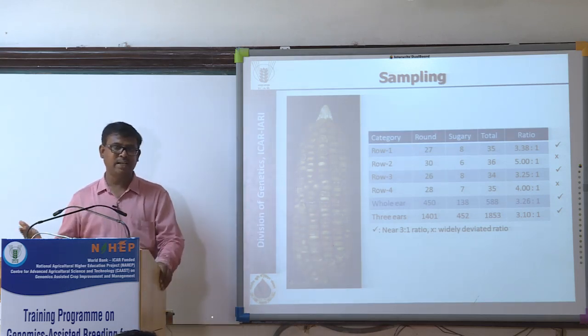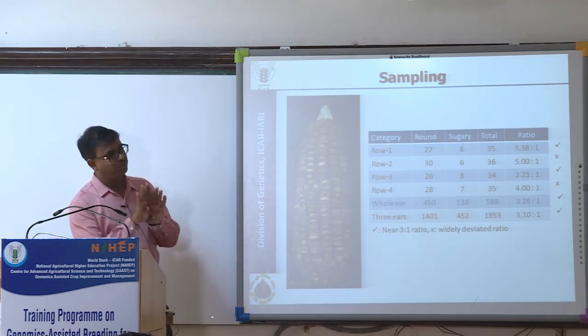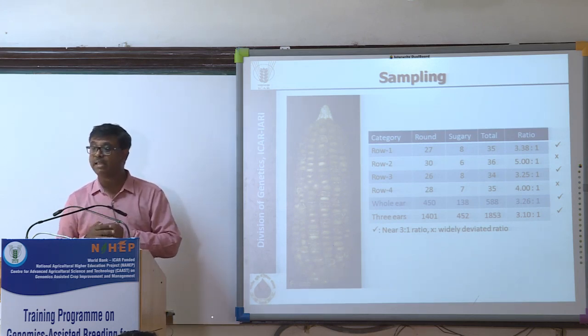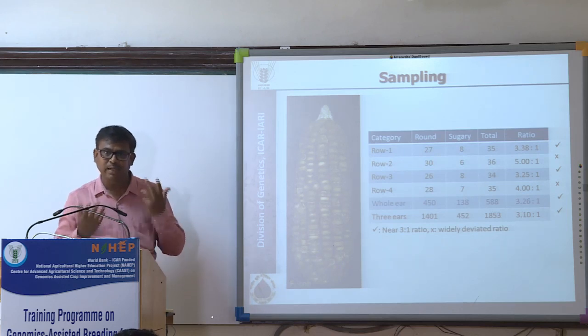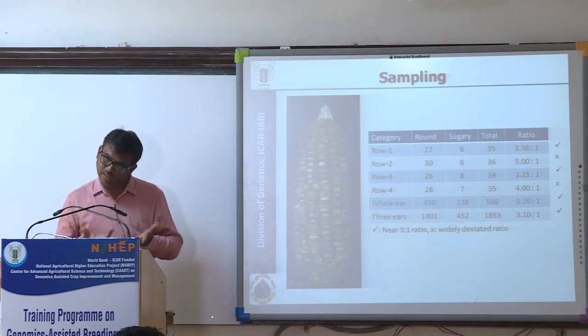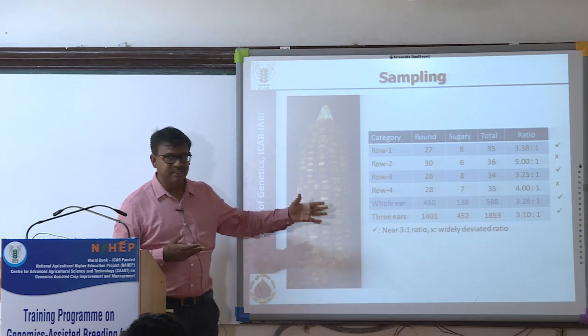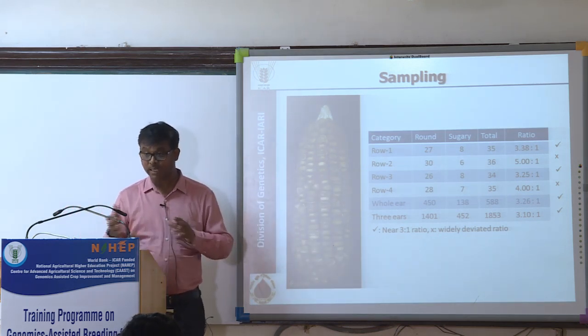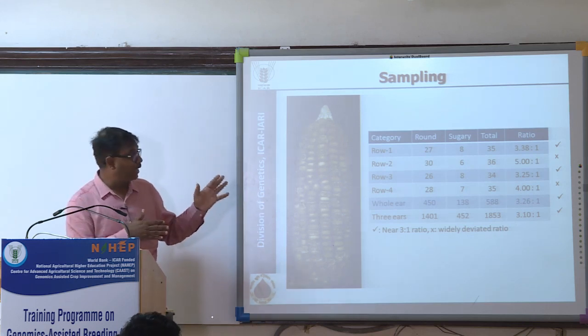Although we say as per the checkerboard there are 4 cells, and 4 seeds are good enough to explain 3:1, in reality you may not get 3:1 just by taking 4 seeds. Now, this is another classical example: not 4 seeds, even 35 seeds is not sufficient to explain 3:1.